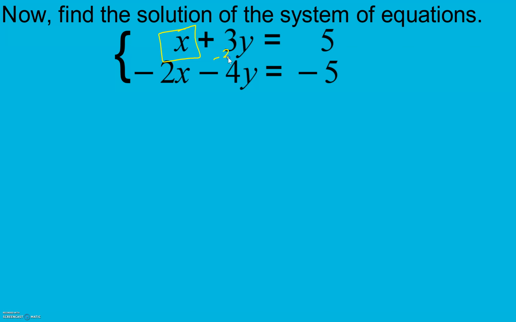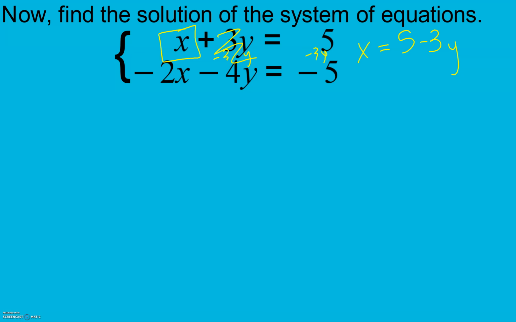So I can just subtract my 3y and get x equals 5 minus 3y. You can solve for any variable you want to, but if we pick the one with the coefficient of just 1, we're less likely to have fractions or decimals that we're going to have to distribute through. So it's probably the cleanest option there.